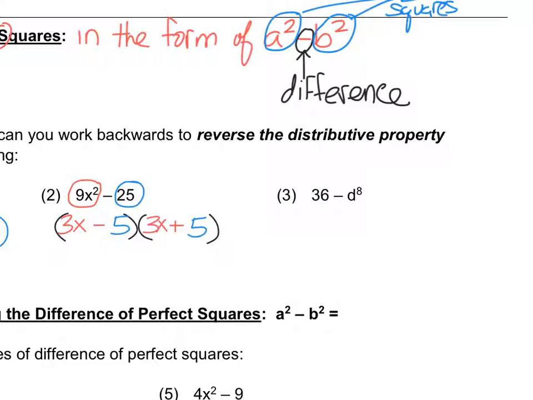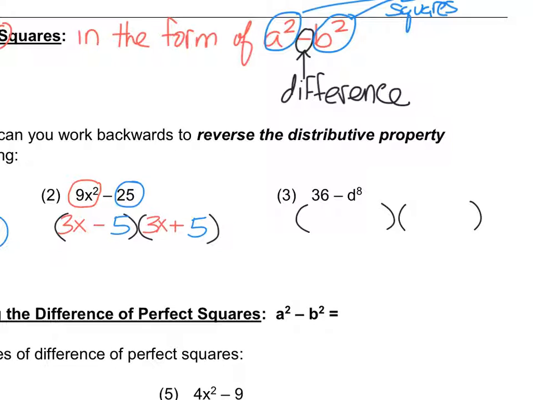All right, this one is where it starts to get a little funky because sometimes it's a multi-step problem. We'll take a look. And also we have a power of 8 here, which is definitely more interesting. So the question would be, again, is it in the appropriate form? Is it a difference? Yes. Are there two things? Yes. Are they both perfect squares? Or are they both squares? Yes. 36 is a perfect square.